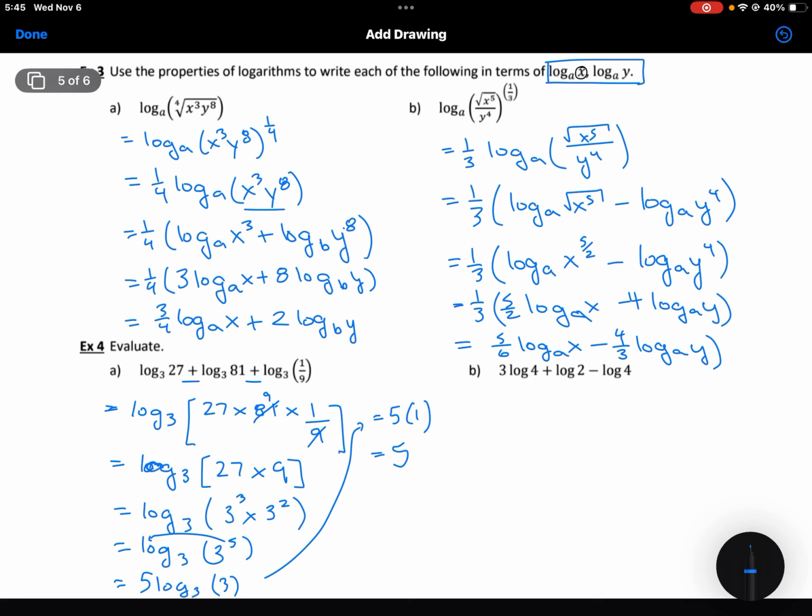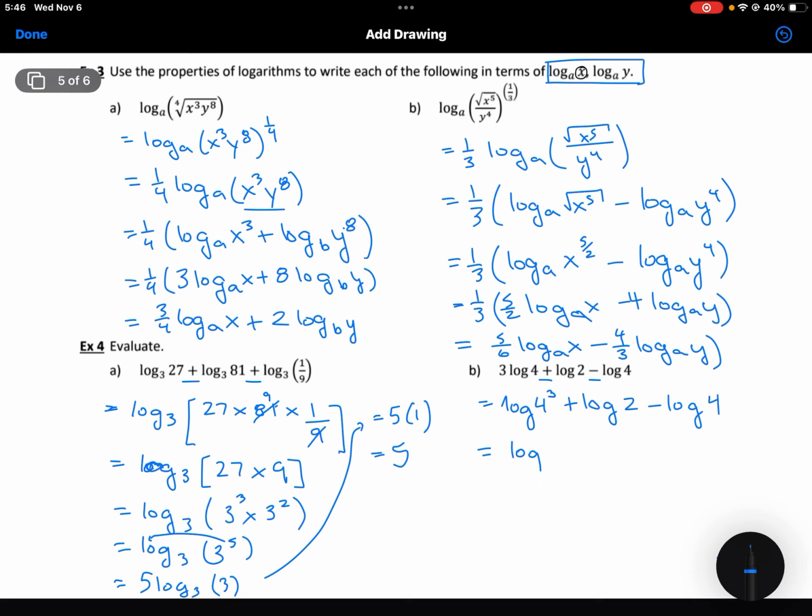Okay, let's try this one here. So before I can add and subtract the arguments of the logarithms, I need to get rid of any coefficients that are in front. So I'm going to bring that 1 or that 3 up. So I've got 4 cubed is my first argument, 2 is my second argument, and then 4 is my third.